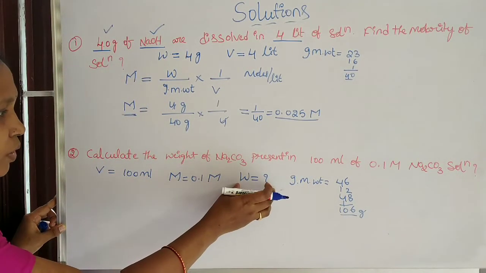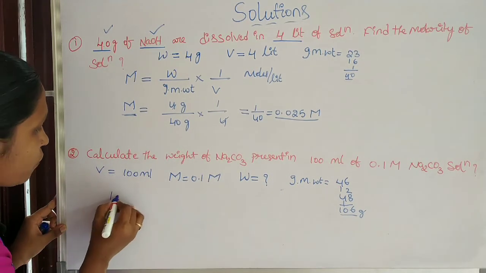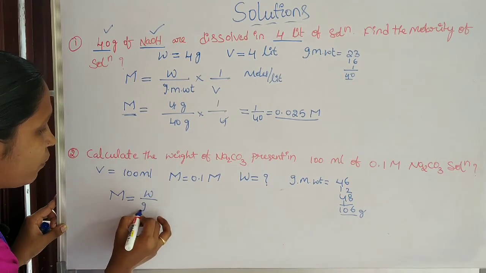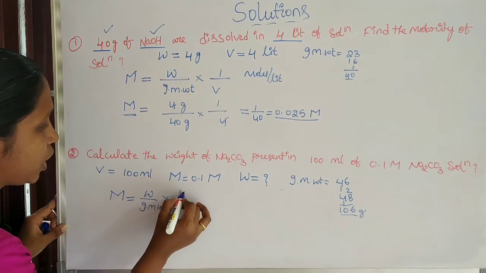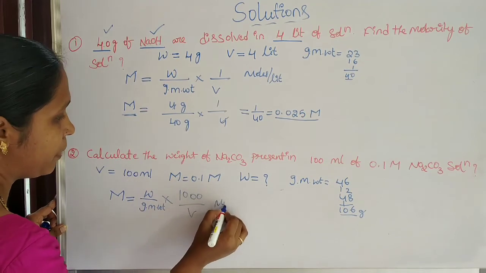So on the basis of the weight and volume in ml, write the formula for molarity: molarity equals weight divided by gram molecular weight, into 1000 divided by V in ml.